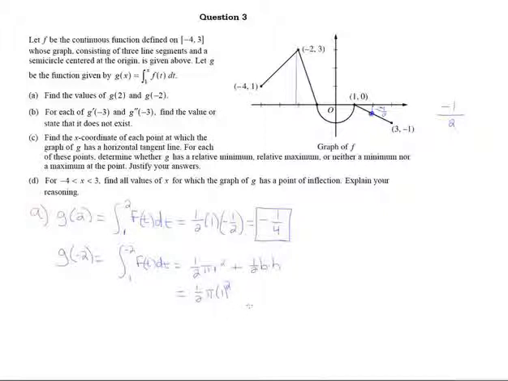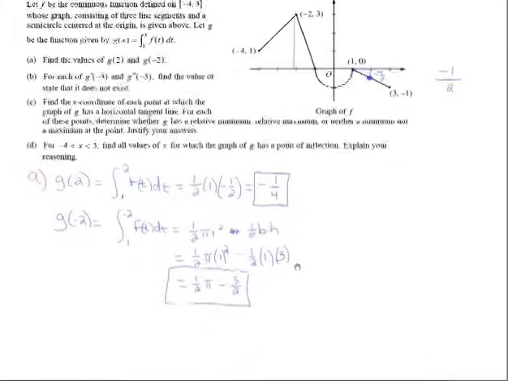That's going to be a positive, so really I guess I should think in terms of when I add them together it's going to be negative, or I could just write subtract. 1/2 base is 1, height is 3. So I get an answer of, it looks like 1/2 pi minus 3/2. I don't really like that answer. It doesn't fill me with confidence, but I don't see that anything wrong.